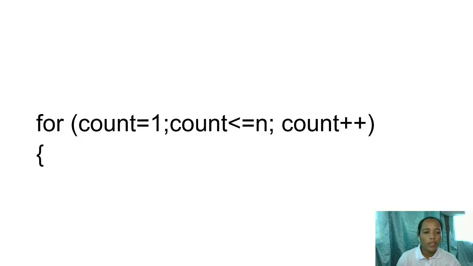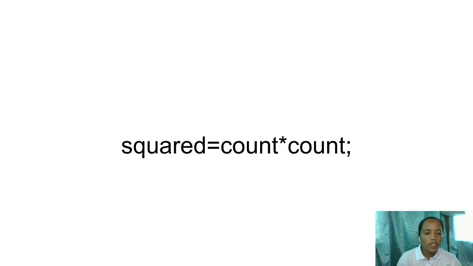For open parenthesis, count equals 1, semicolon, count less than or equal to n, semicolon, count plus plus close parenthesis, to be followed. And squared equals count times count.